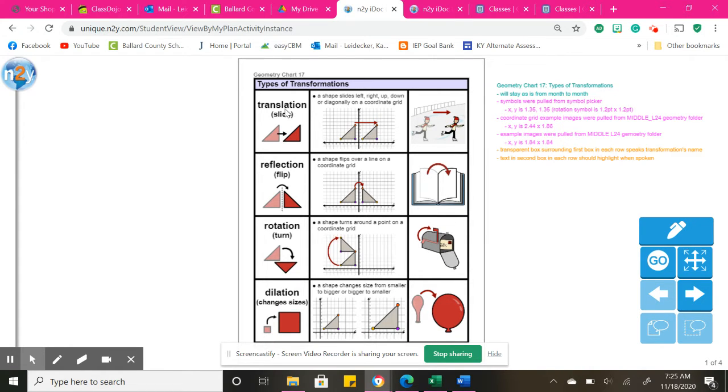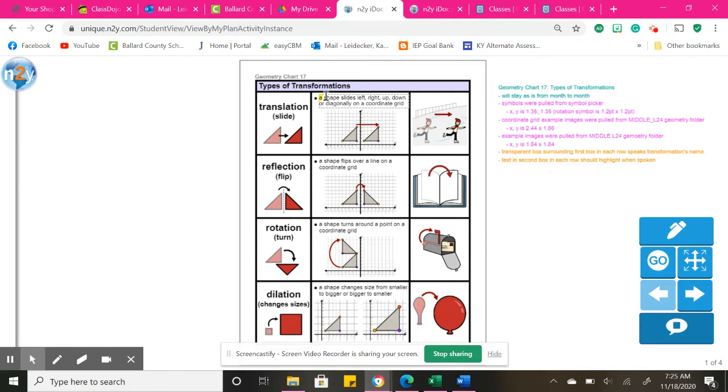So talking about translations, the slide, and reflection, and turn, and dilation. So read through these. It'll tell you what each one means. So like translation shows this image here of sliding. A reflection would be like turning a page of reflection.